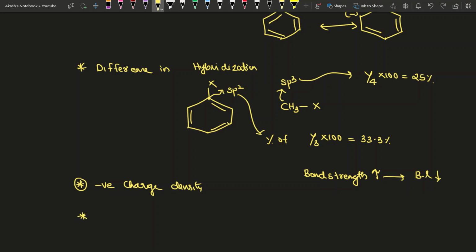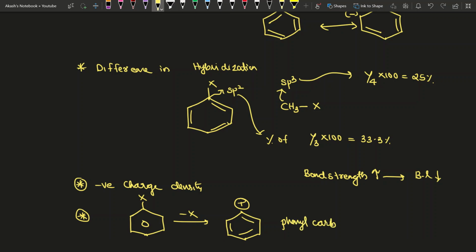And the fourth point is that whenever you are having a haloarene, if the X minus is cleaved, it will generate a positive charge on the benzene ring. This is called a phenyl carbocation.